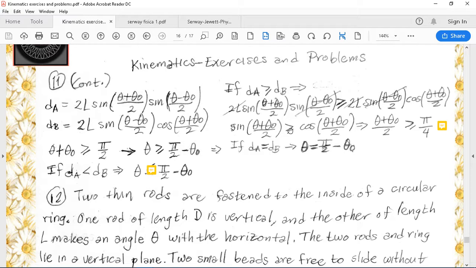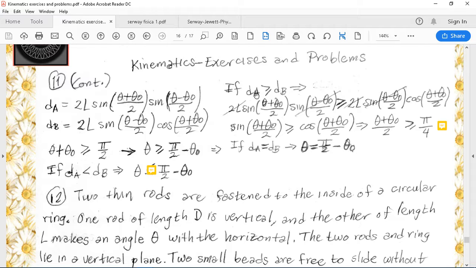Okay, now the two distances can be compared. In the case in which dA is greater than or equal to dB, we can cancel out the 2's, and we can cancel out sine of (theta minus theta 0)/2, and we are left with sine of (theta plus theta 0)/2 for dA and cosine of (theta plus theta 0)/2 for dB.